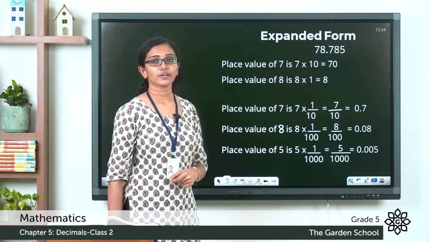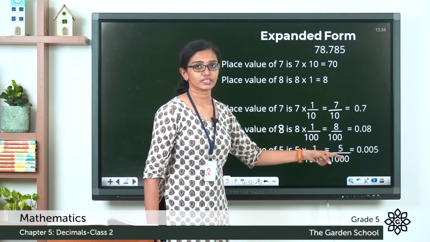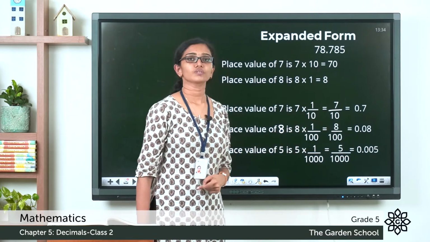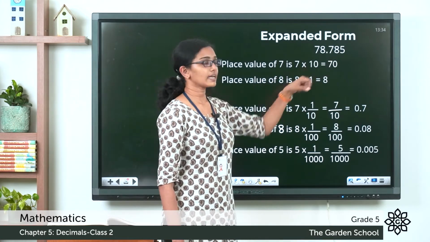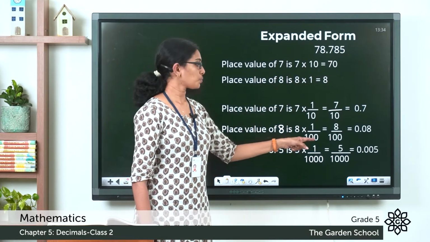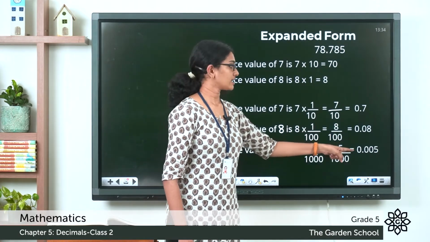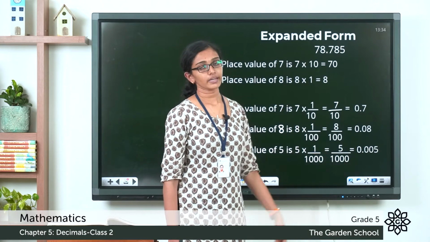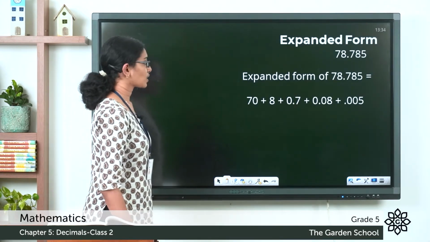There the place value is 8 into 1 by 100 or 8 hundredths, and that is equal to 0.08. Now the place value of 5 in the decimal part. It will be equal to 5 into 1 by 1000 or 5 thousandths, and it is equal to 0.005.